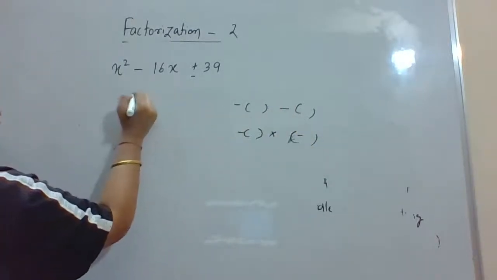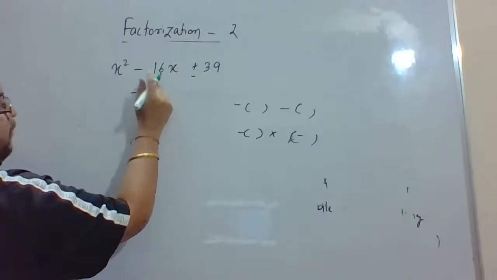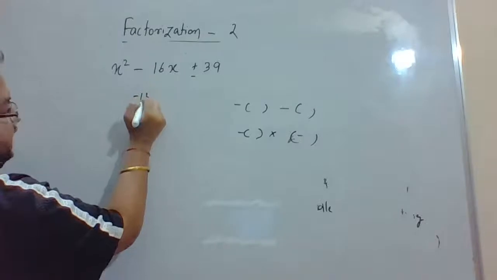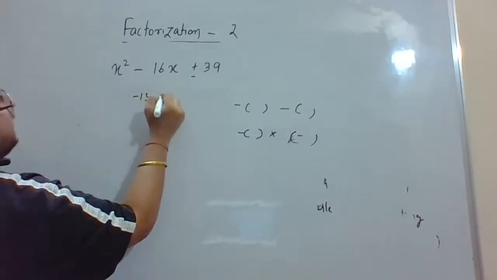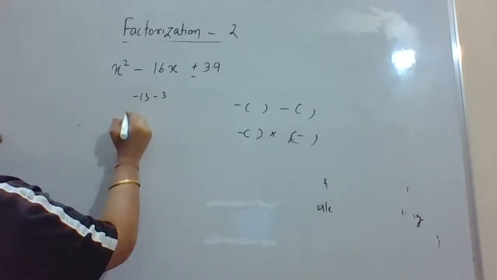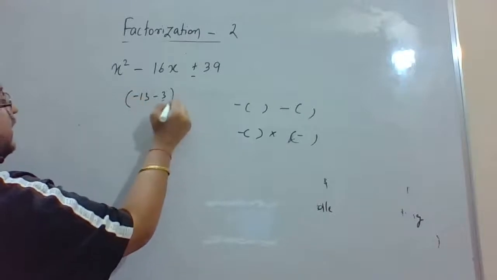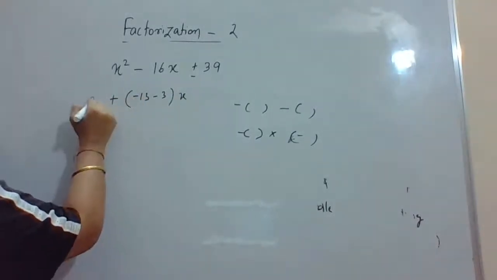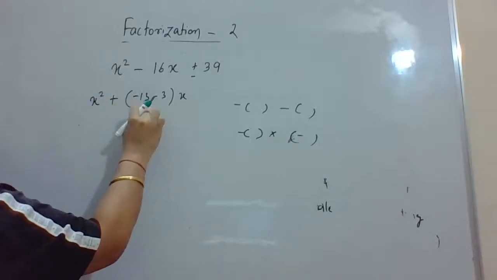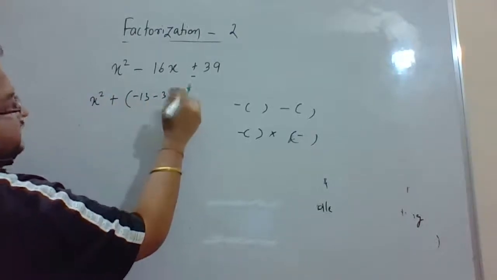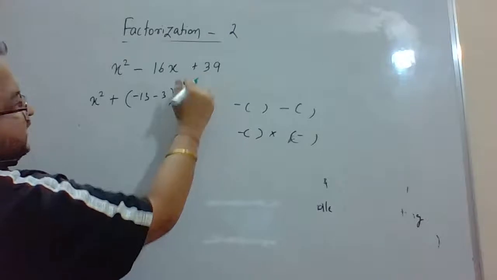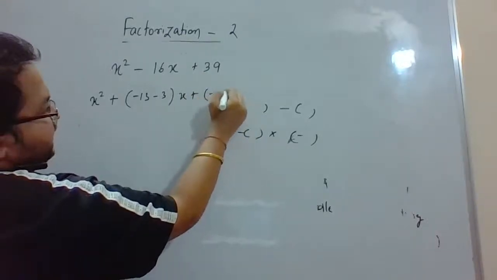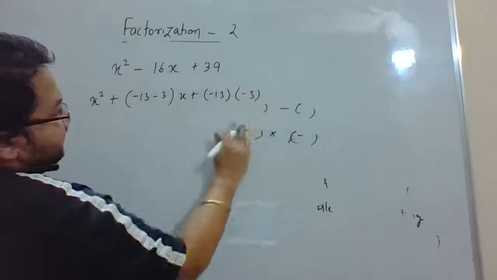So minus 16 can be written as minus 13 minus 3. So I can write x squared plus (minus 13 minus 3)x, and the last term 39 I can write as minus 13 into minus 3.